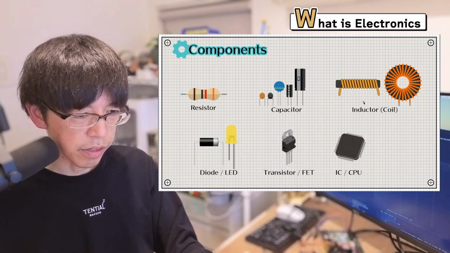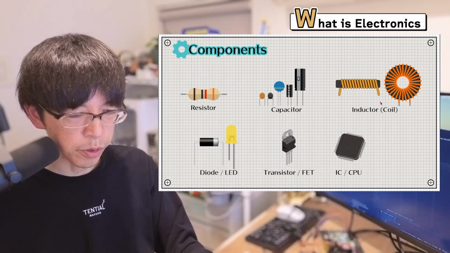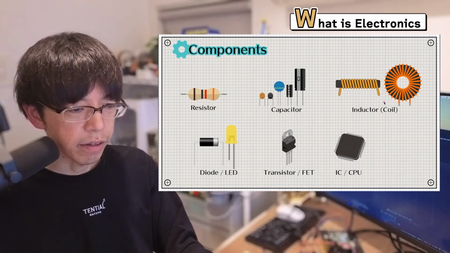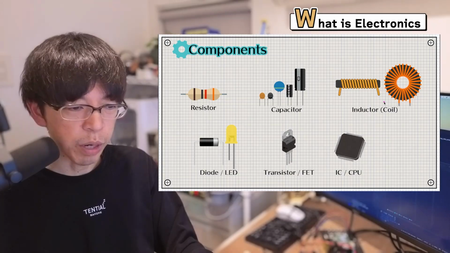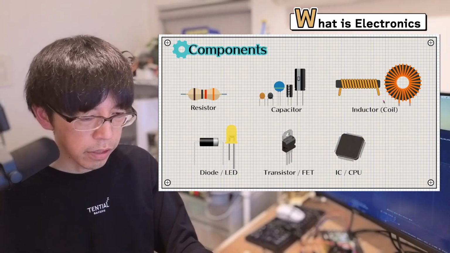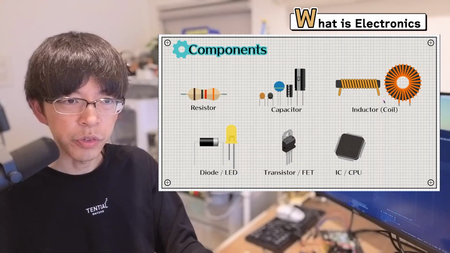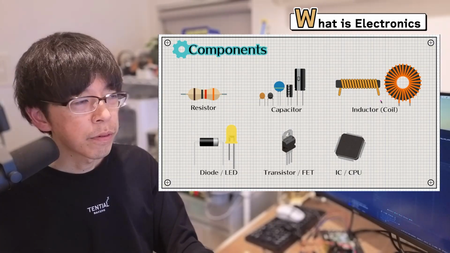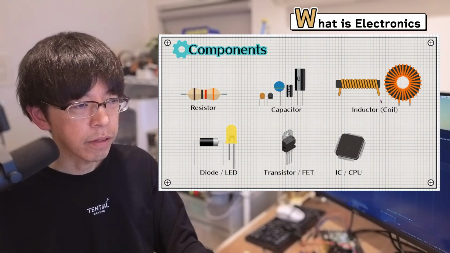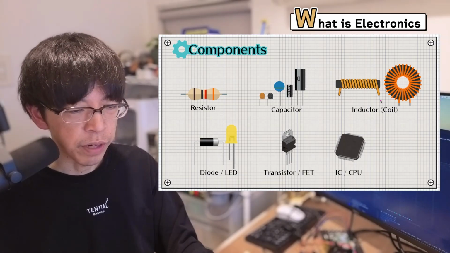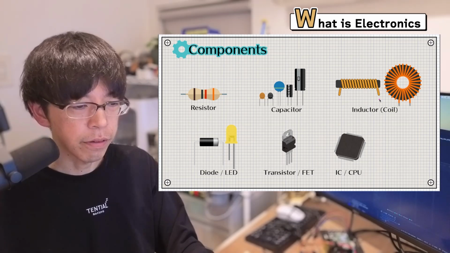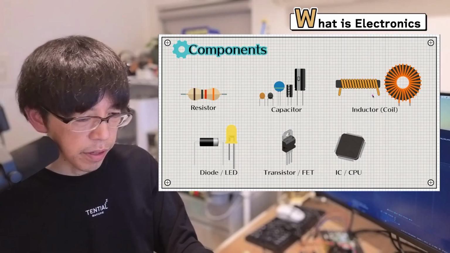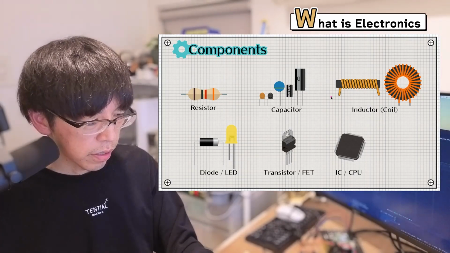And the inductor is especially used for power electronics, like a power supply, which is used to convert from AC 100 volts or 200 volts to DC 5 volts. This is a simple example.